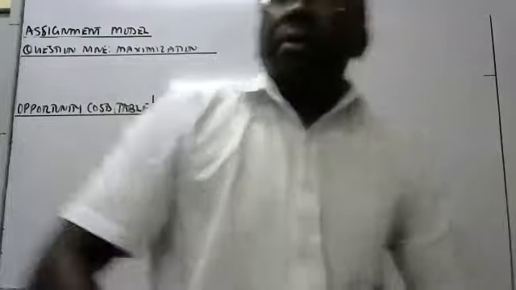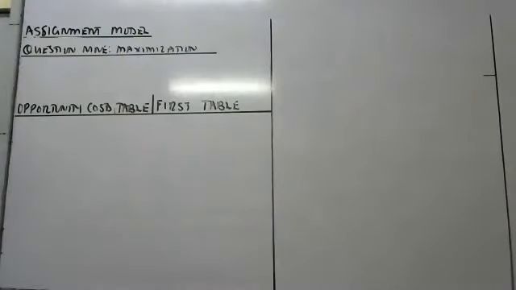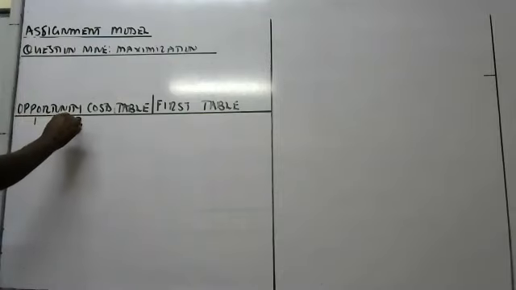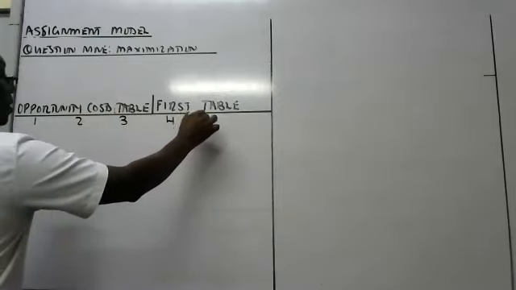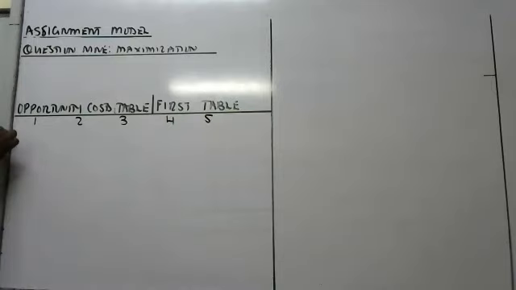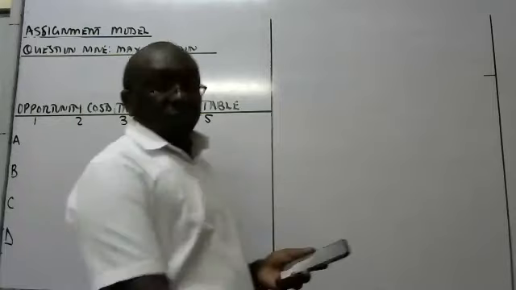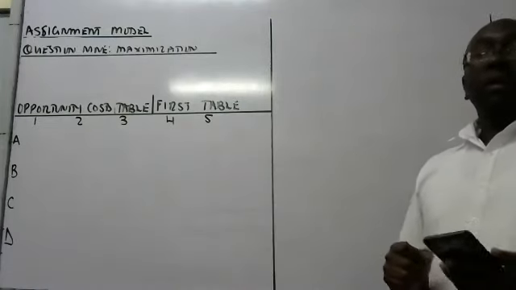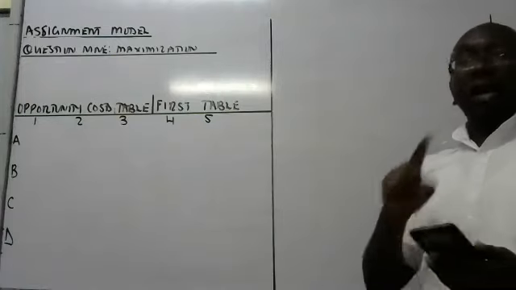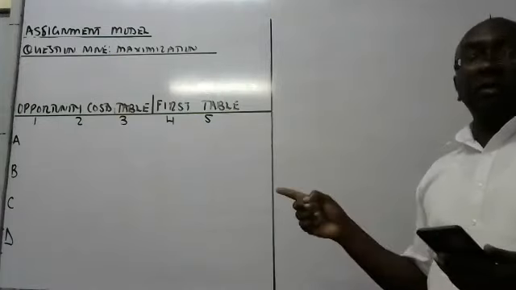So here table, as you can see, we have 1 here. We have 2. We have 3. We have 4. And we have 5. Then we have A, we have B, we have C, and we have D. So I told you the first thing is to check whether they are balanced, or rather the second thing after doing the objective.